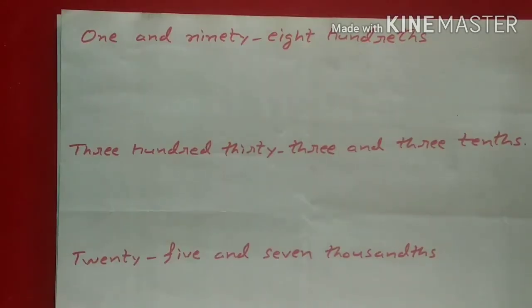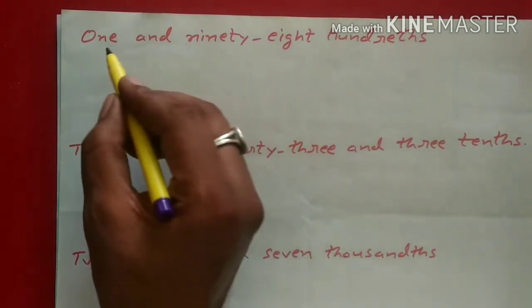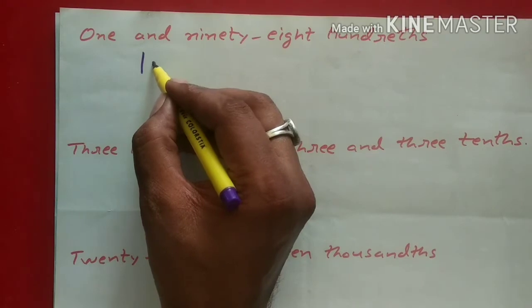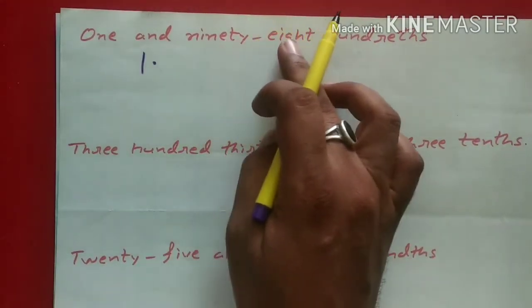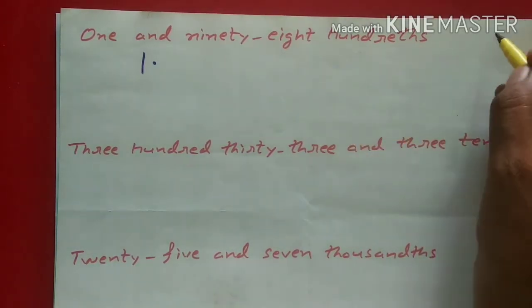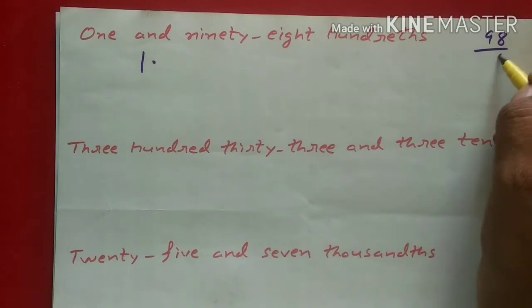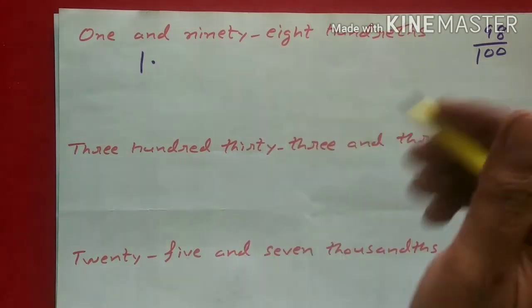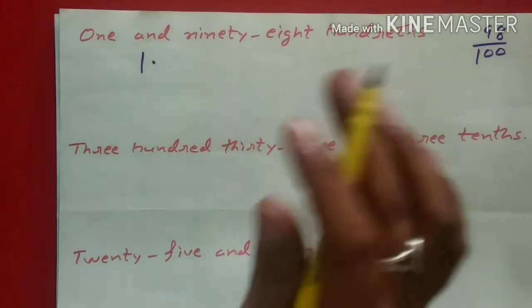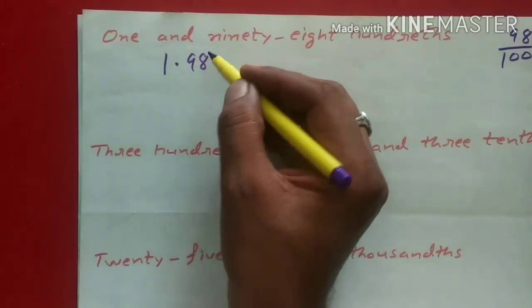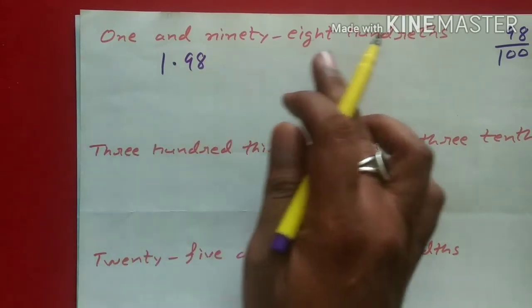Now here the question is 1 and 98 hundredths. 1 is there, and here you see 98 hundredths. 98 hundredths means you have to write 2 digits: you will write 98 in such a way that after the decimal there should be only 2 digits.